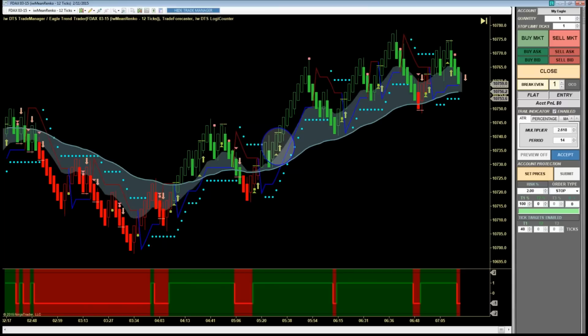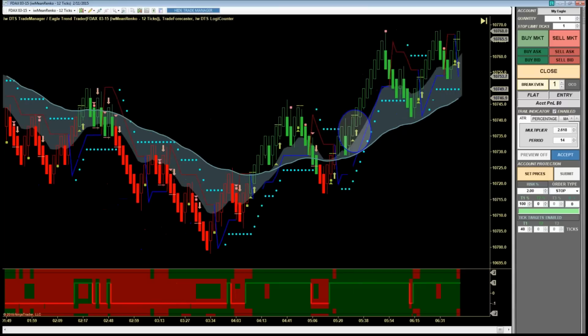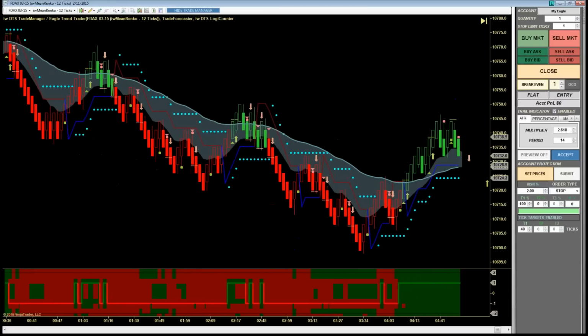And of course, the same is true for the eagle, where we have signals like, well, we have our trend change signal, which is this one right here, where everything is in sync. The band flips over, everything comes into sync, and away we go. We have our green bar sell.